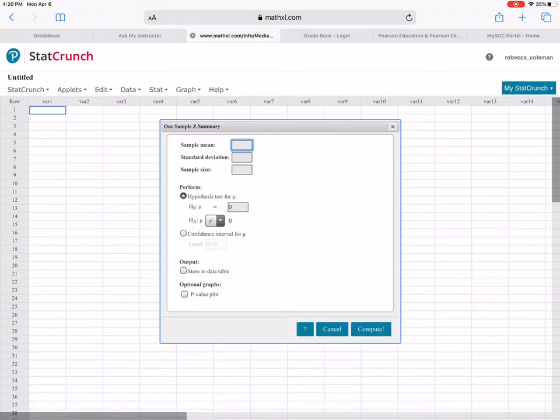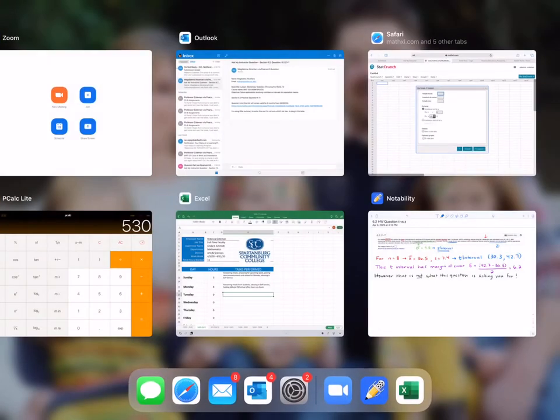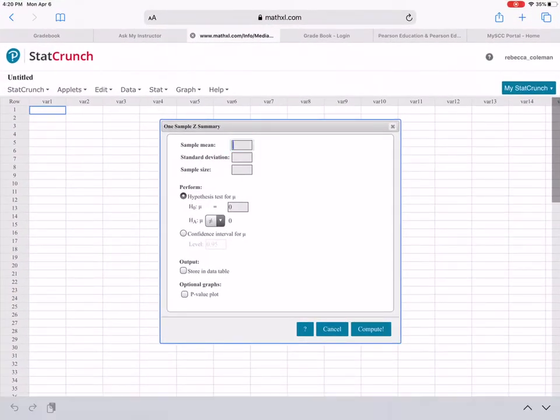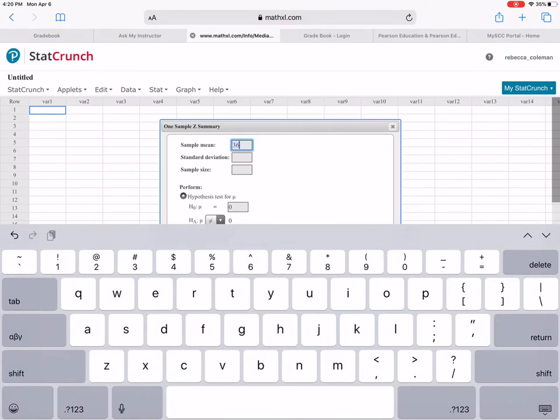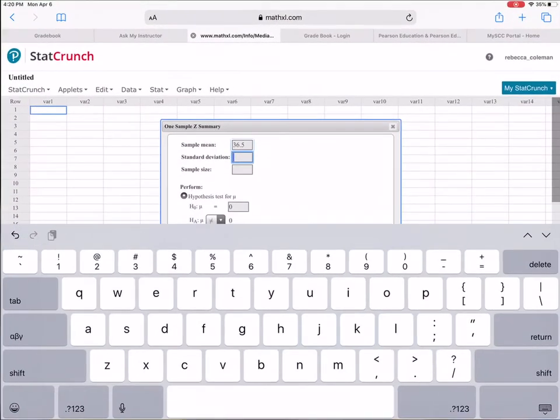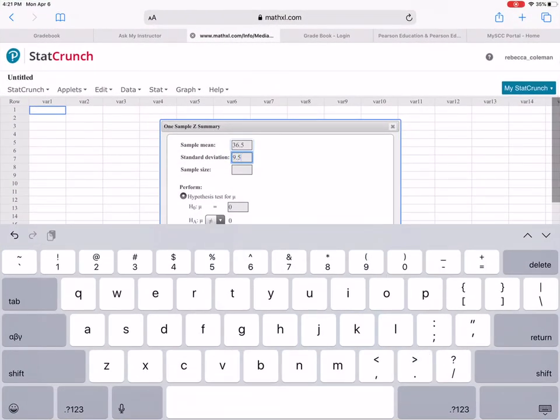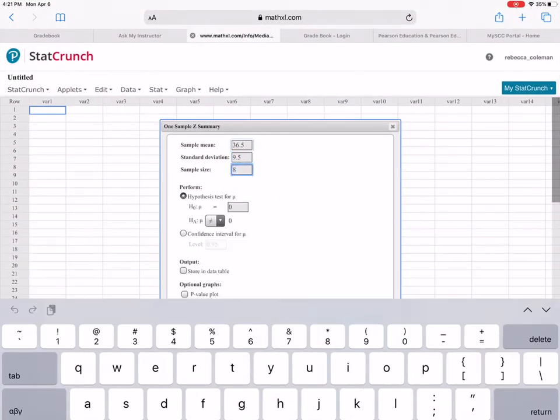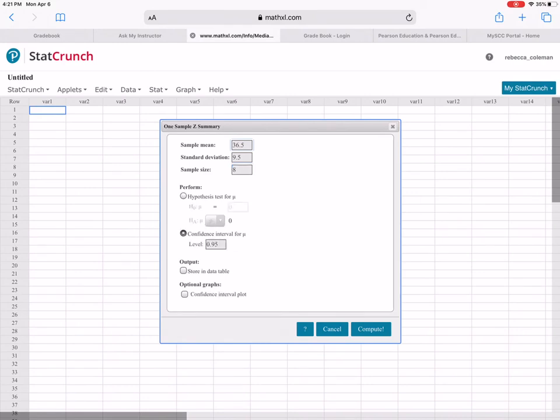So I'm going to go pull my sample mean, which was 36.5, my population standard deviation, sigma, which was 9.5, and my sample size, which was 8. And then I'm going to select that I want a confidence interval. I do want the level to be 95%.